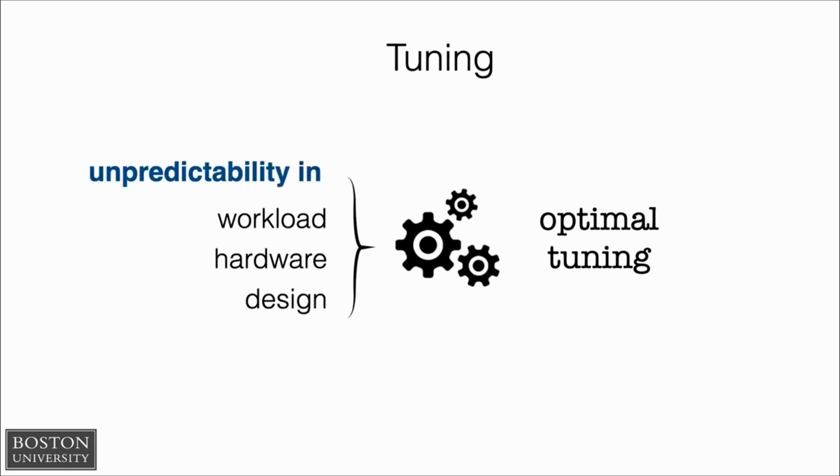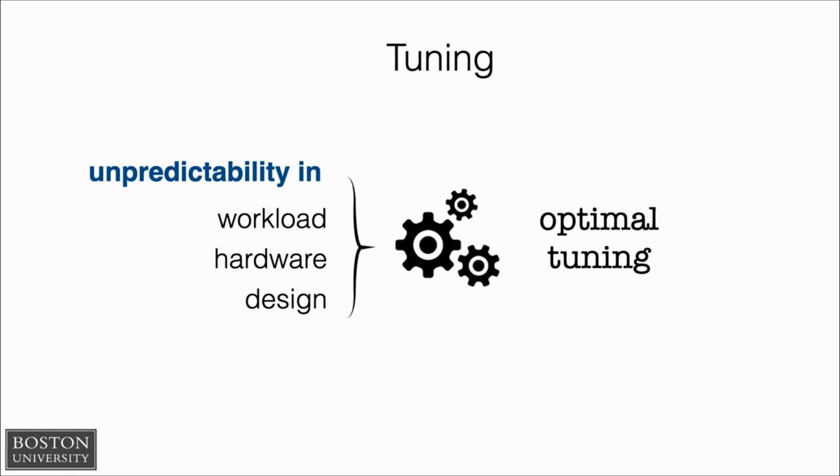What if there is unpredictability in the workload? What if I expect a workload W, but what comes to me is something around a sphere, let's say a hypersphere, I should say, around W, right? Is my tuning going to be optimal anymore?